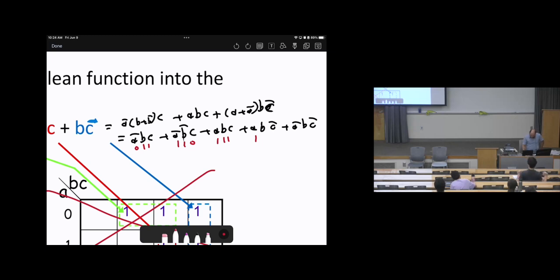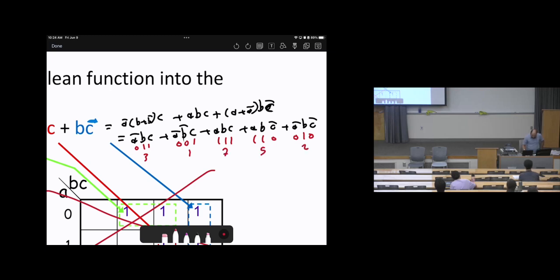I think I messed up. This is 0, 0, 1, 1, 1, 1, 1, 1, 0, 0, 1, 0. Then this is equivalent to 3, equivalent to 1, equivalent to 7, 5, 2.